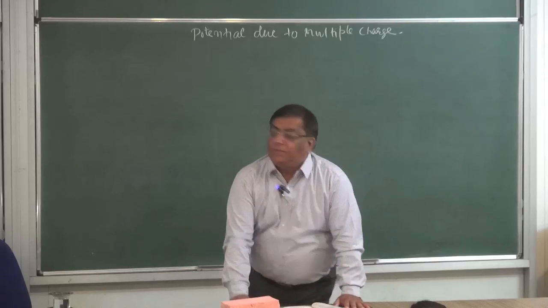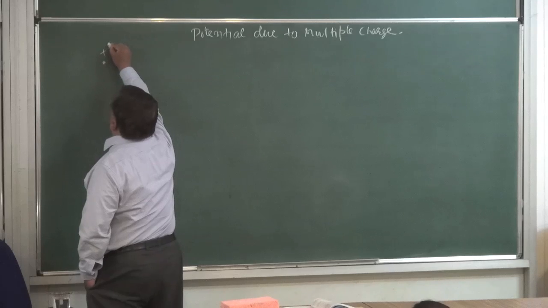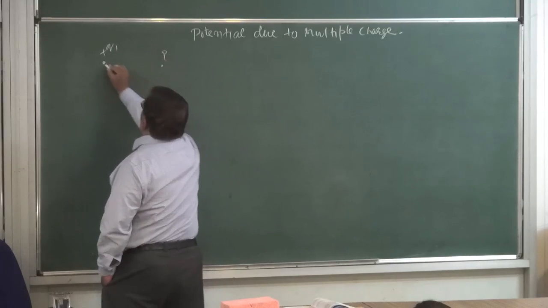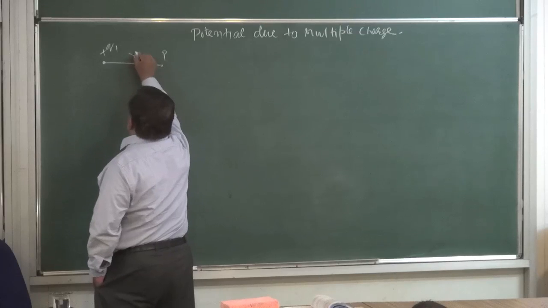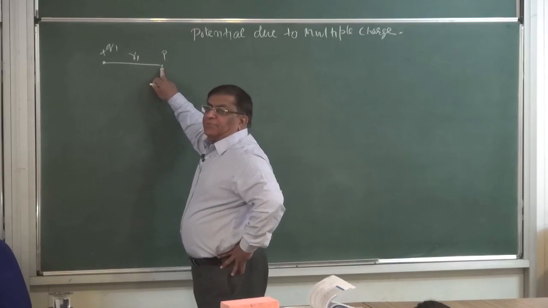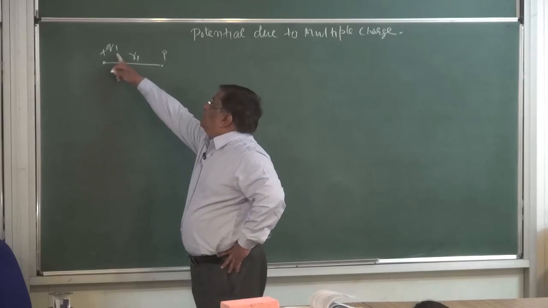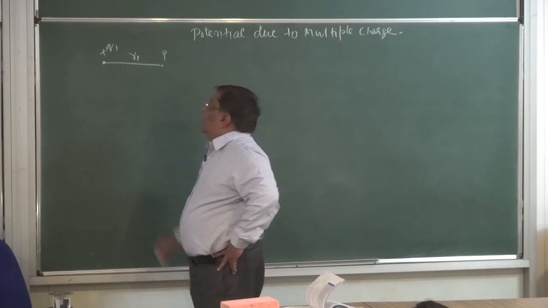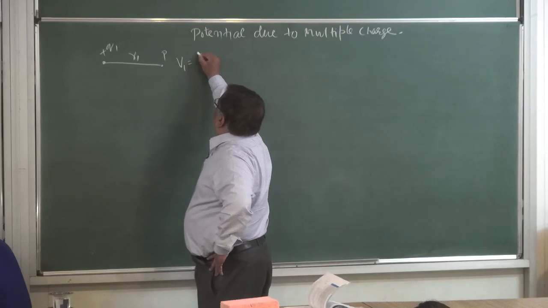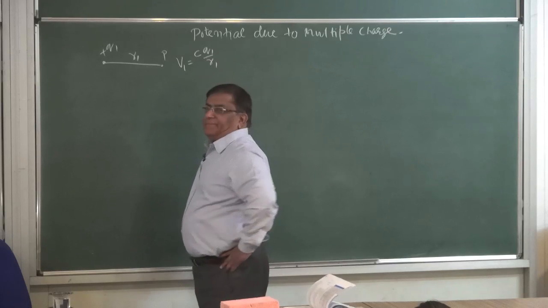Okay, here is a point. At this point P, at distance R1, this point P has a potential. How much is that potential due to plus Q1? Answer: V1 is equal to Coulomb's constant, Q1 upon R1.